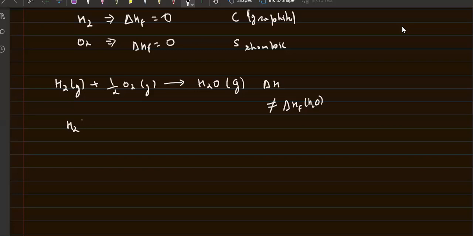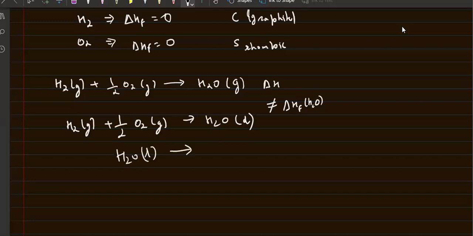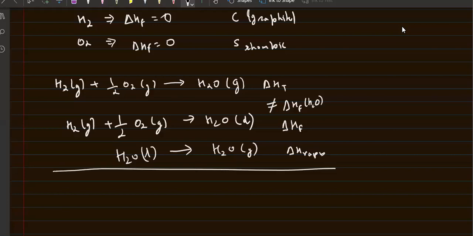The first reaction is the one I told you, forming H2O liquid, then this H2O liquid is converted into H2O gas. This is delta H formation, and this is delta H vaporization. We will study that also. If you add these two, then you will get delta H total.